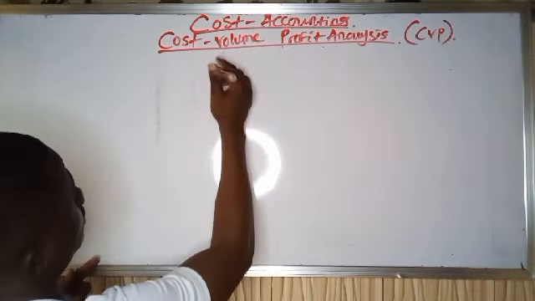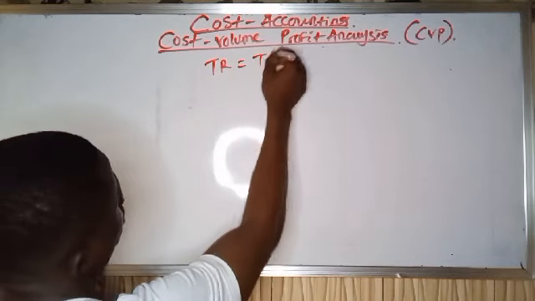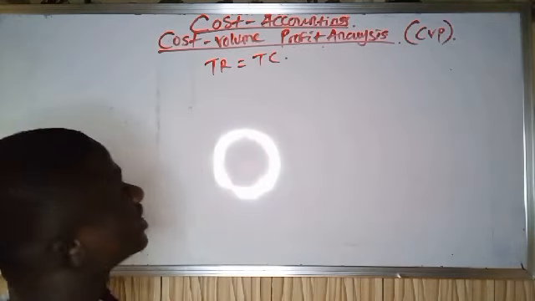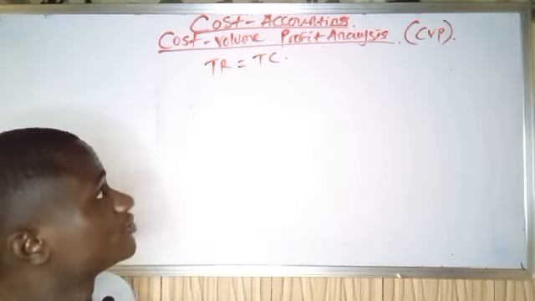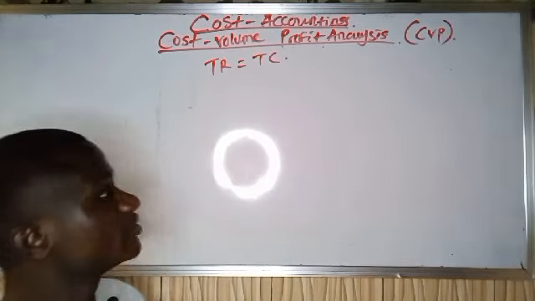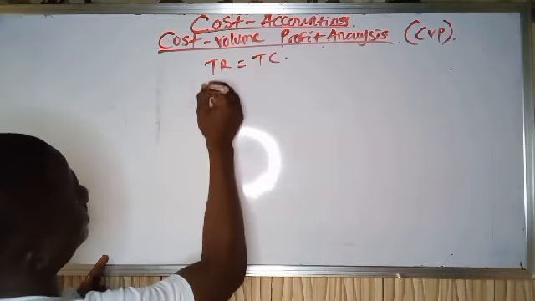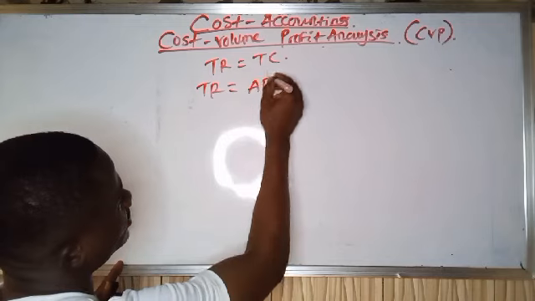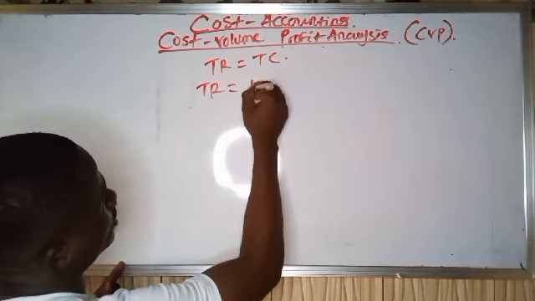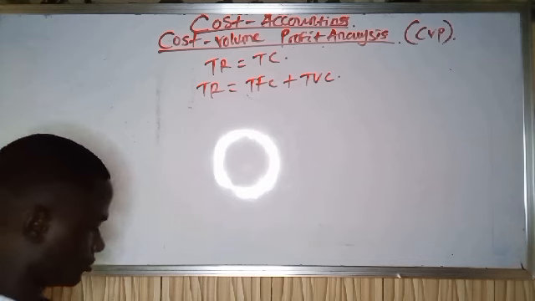So now, from our break-even, total revenue equals total cost. Whenever a business breaks even, their total revenue is equal to their total cost, and we can break this down as total fixed cost plus total variable cost.